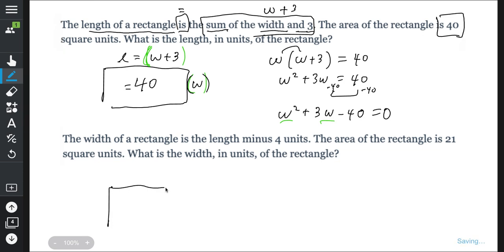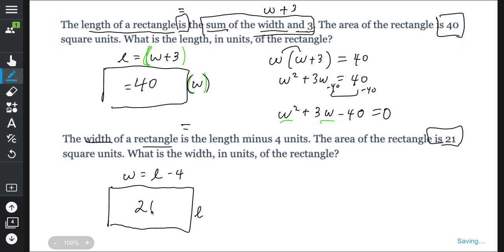How about this one? The width of a rectangle is, here's width, here's length, which equals length minus 4 units. The area of a rectangle is 21. Oh, by the way, let me go back to this problem here.